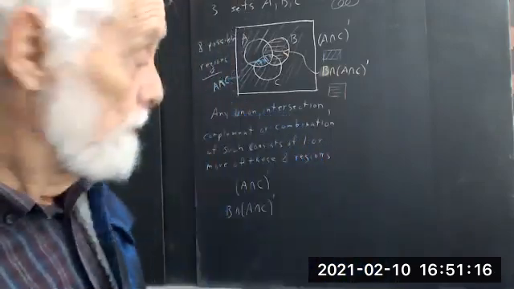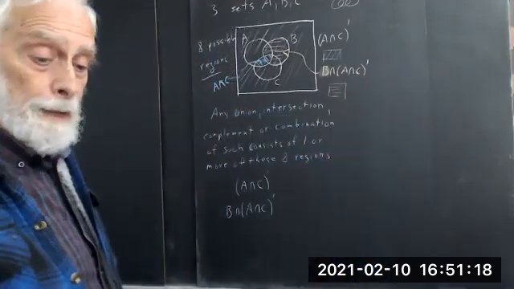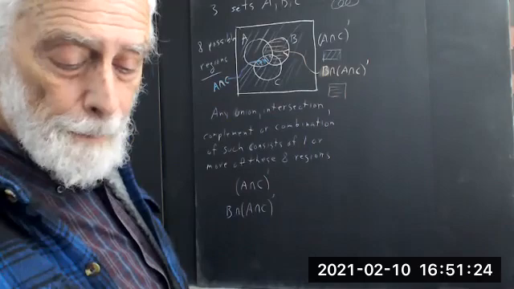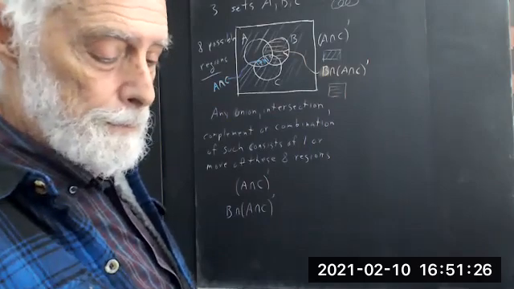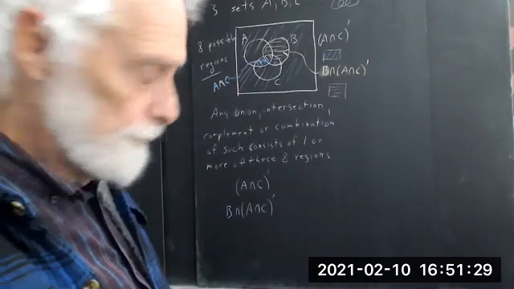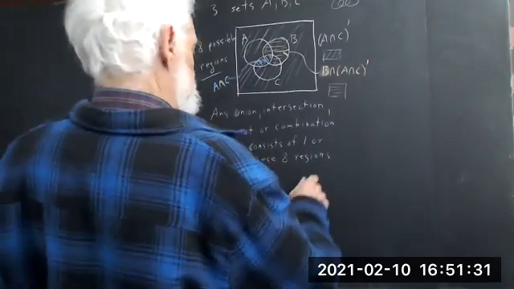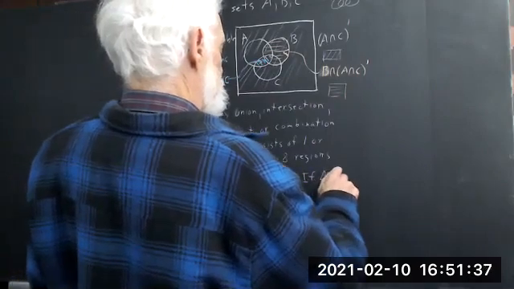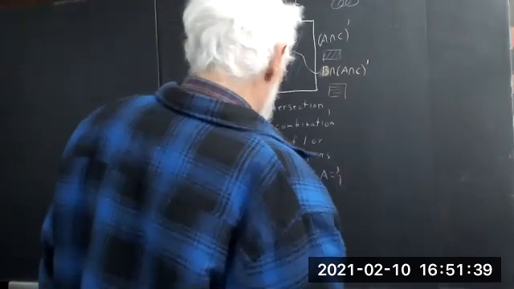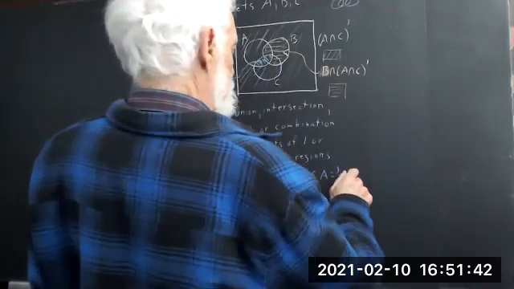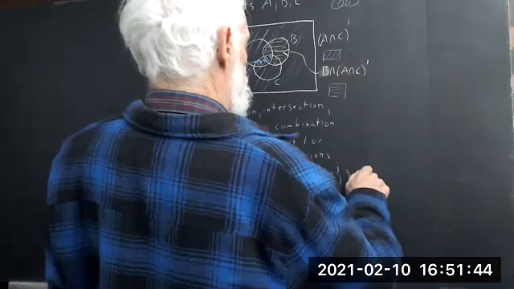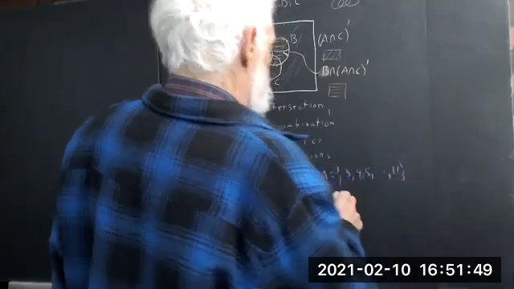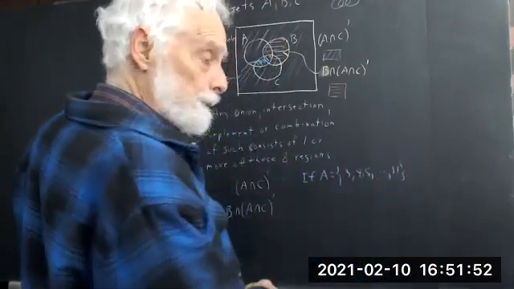Now, if I have a set of numbers, let's say that A is a set of numbers 3, 4, 5 up to 11.